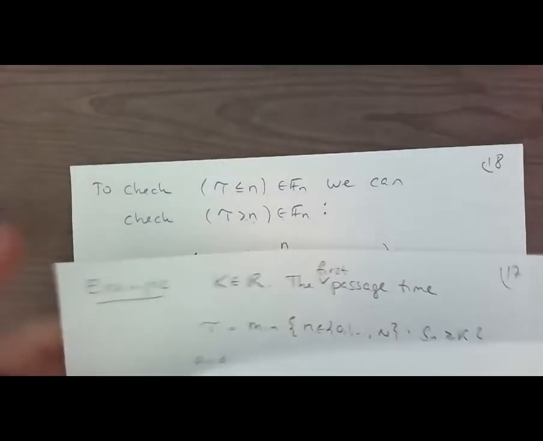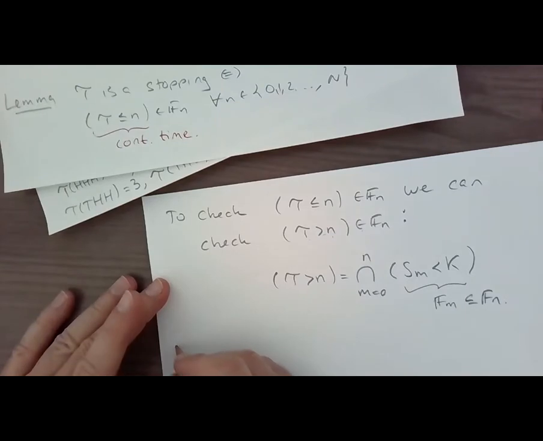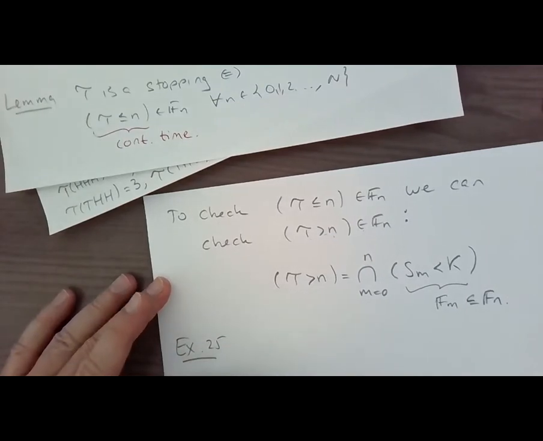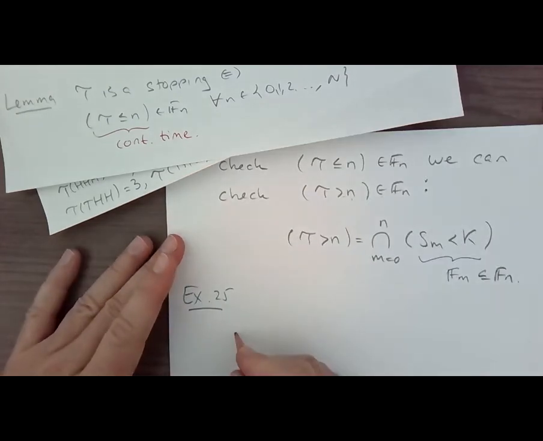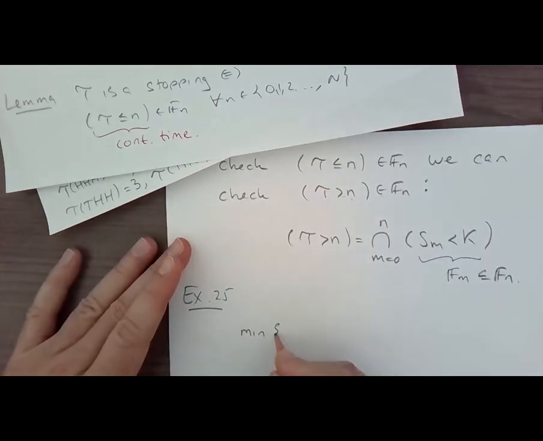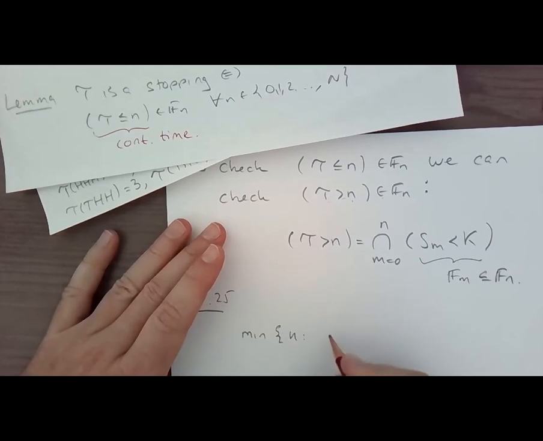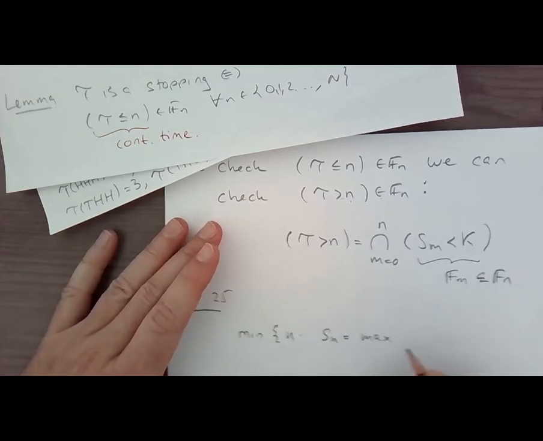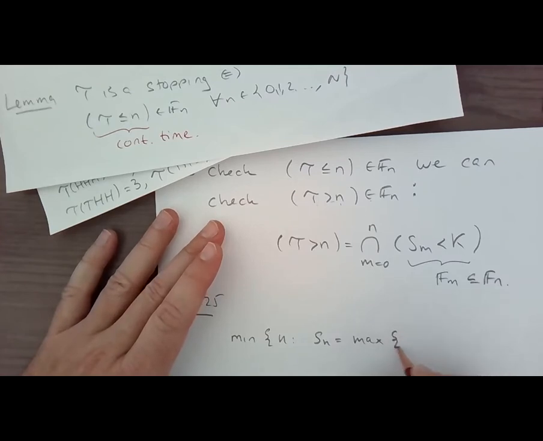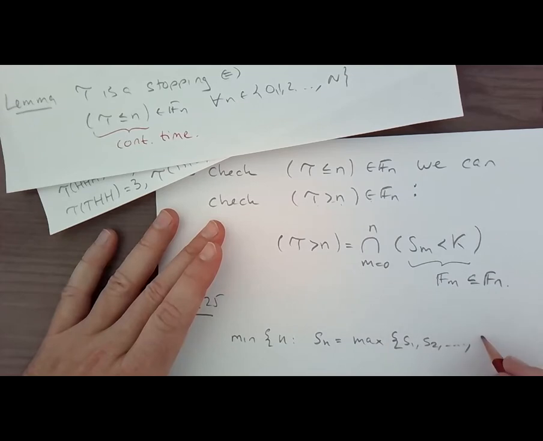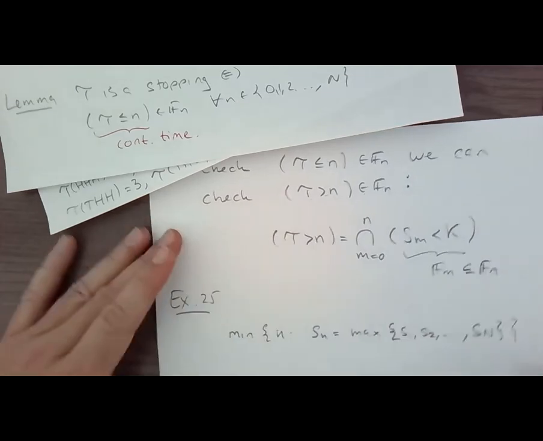So the exercise is, if I look at the first time such that Sn is equal to the maximum of S1, S2 up to S capital N, is this a stopping time?